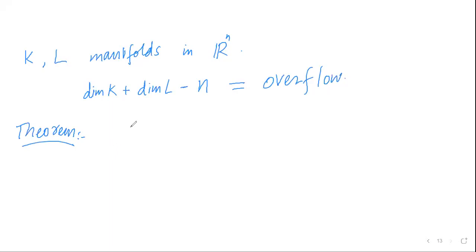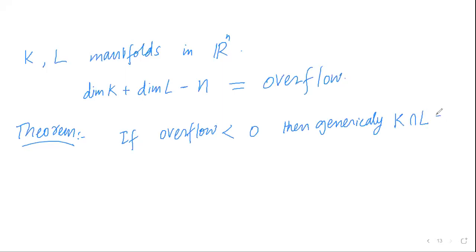Which, when it is less than 0, means intersection is not possible. Yes, so if the overflow is negative, then generically the intersection of K and L is empty.